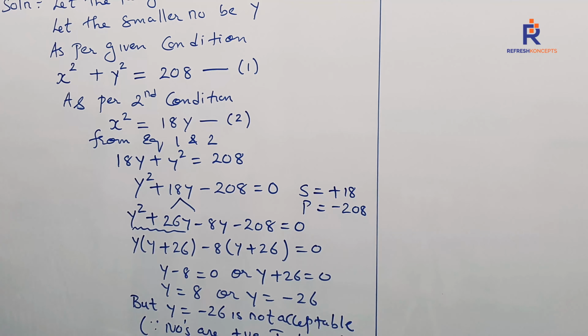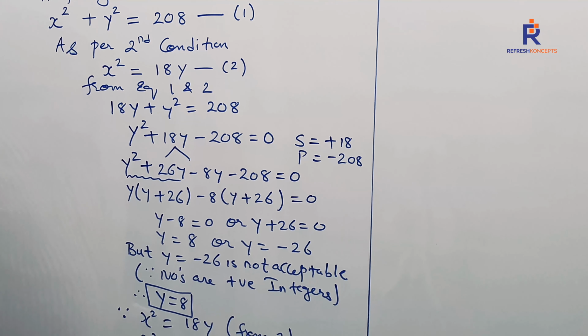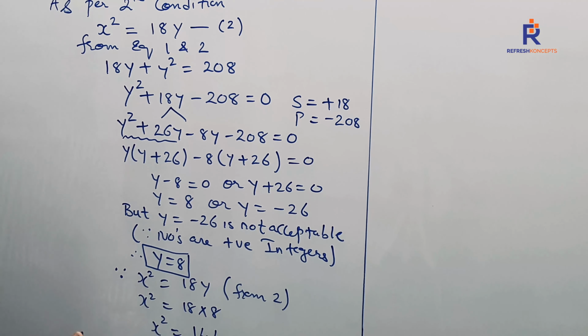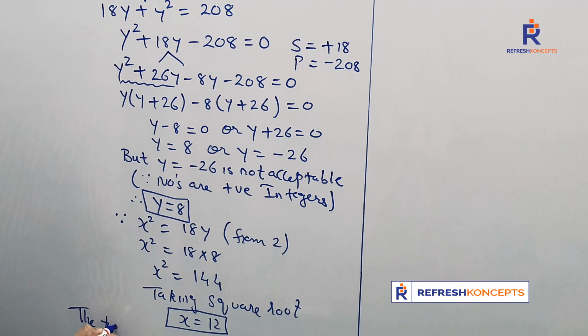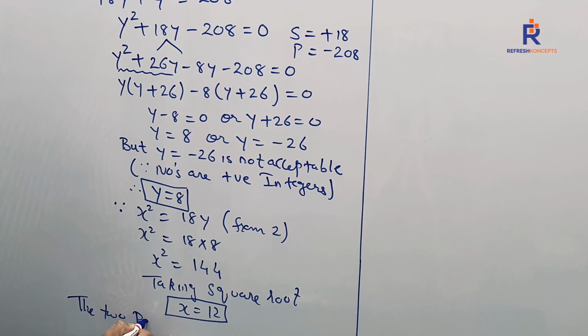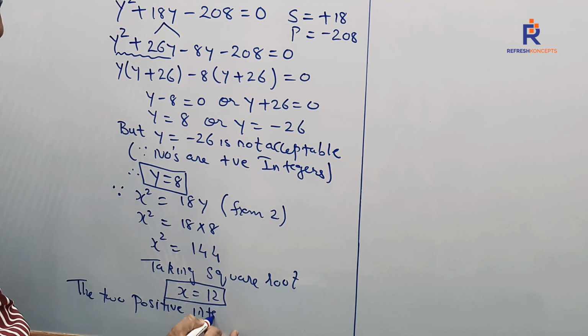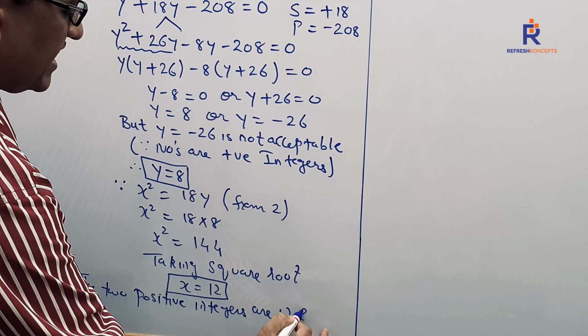So we have found y, which is nothing but our smaller number. We are yet to find the bigger, larger number, which is x. What is x, children? The condition given over here is that x square is 18y. So now can I substitute y over here? Indeed, since x square is 18y, from equation 2.